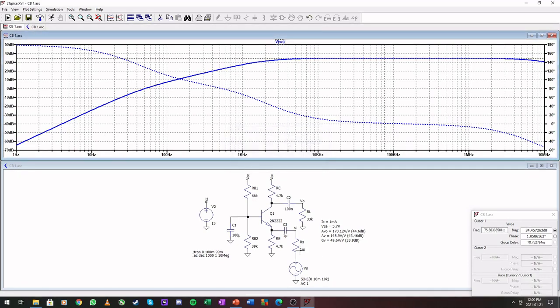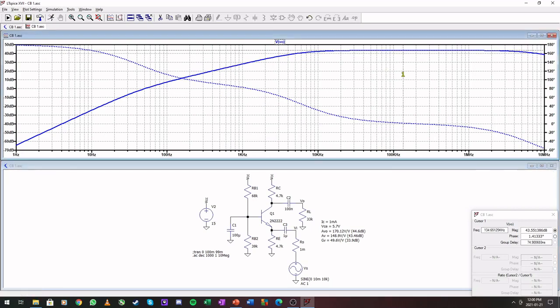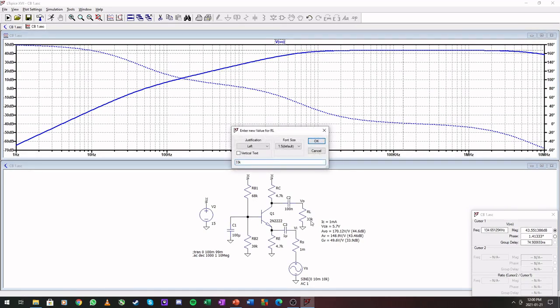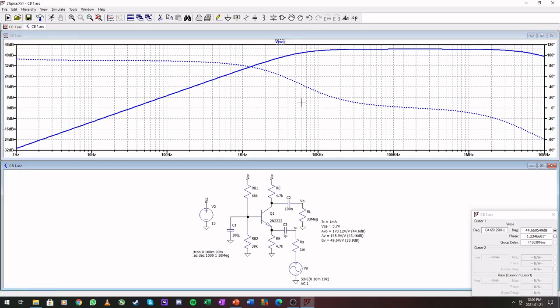Okay. Let's make RS very small so that we can see our GV. 33.46, and let's make our output very high so that we can see our maximum gain, 44.6 decibels. So this amplifier checks out. Okay, on to the next one.